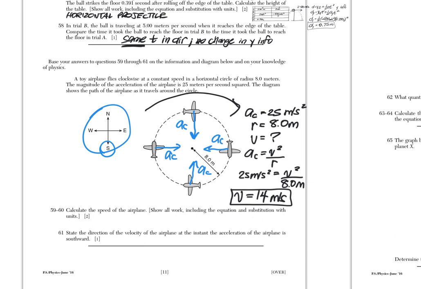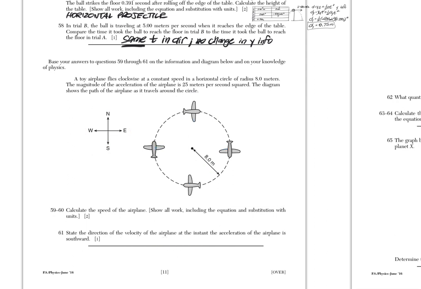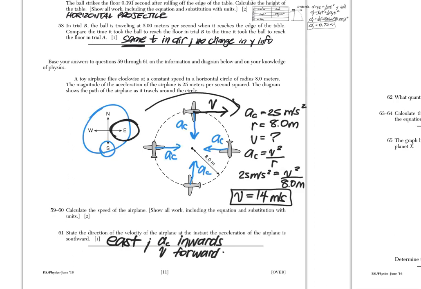And so the velocity, when the acceleration is south, the velocity is straight forwards east. And it's important that we know that the plane is clockwise, otherwise the answer would have been west.